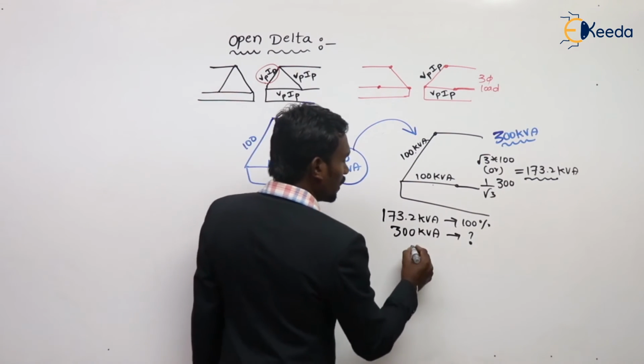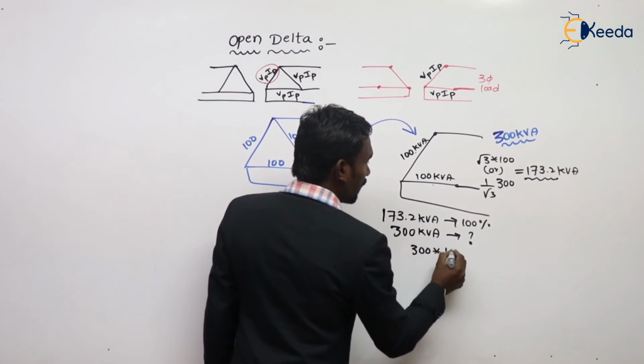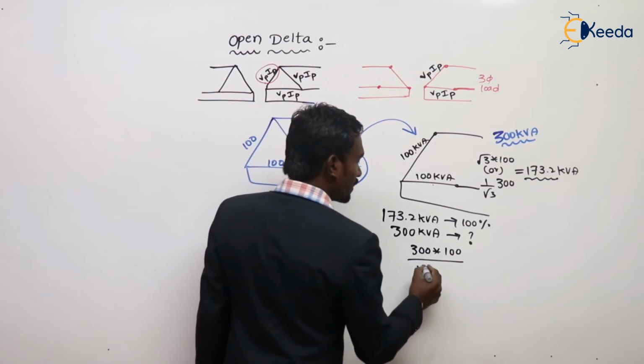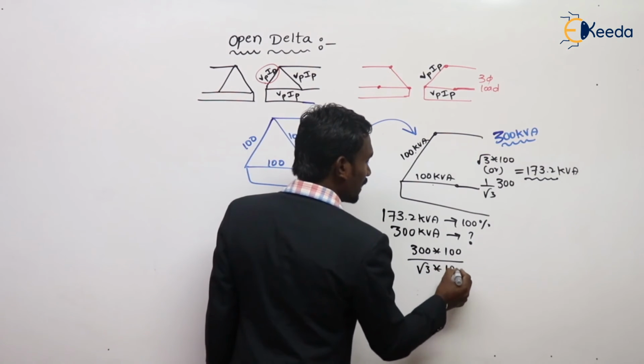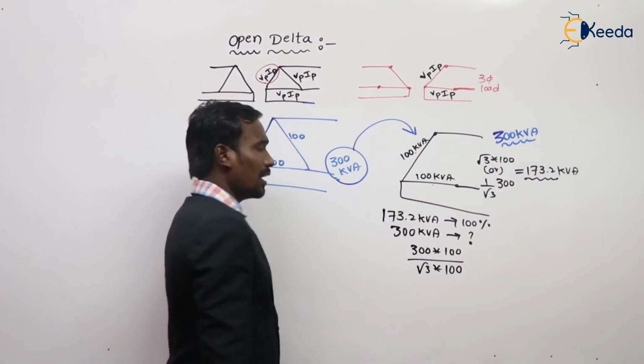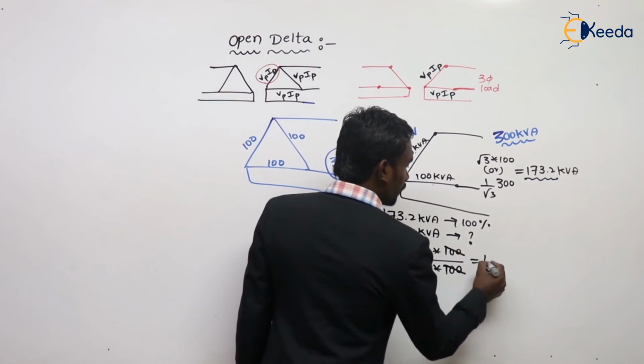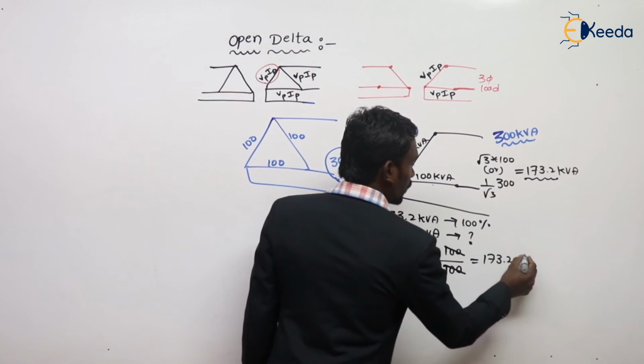So calculate it. 300 multiplied with 100 by 173.2. 173.2 can be written as 100 into root 3. 100 gets cancelled. 300 by root 3, nothing but 173.2%.